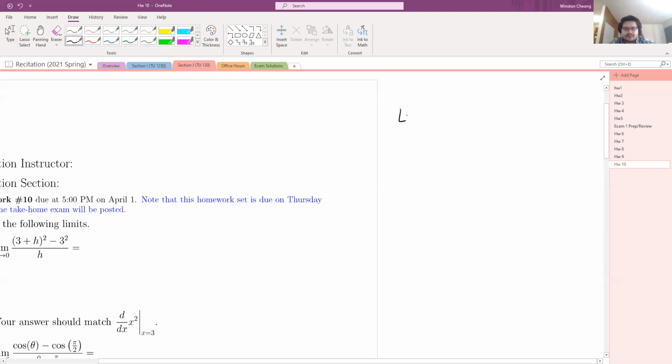So I'll say some words on what that is. L'Hopital's rule has to deal with a particular limit that looks like this format. You have a fraction, so you can take the numerator to be a function and the denominator to be a function.